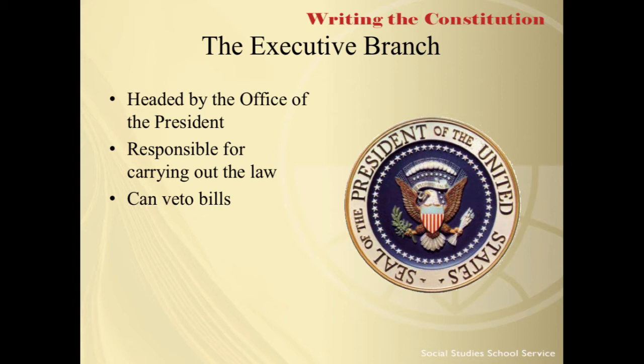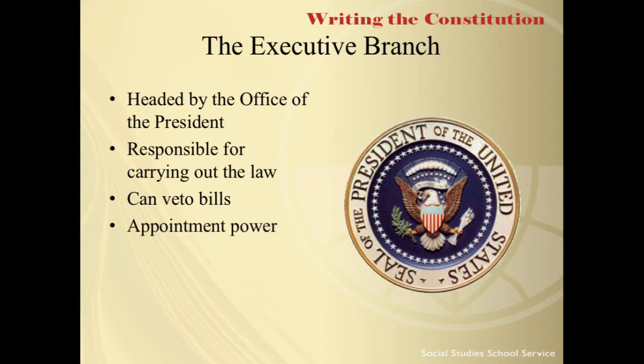Congress can override a presidential veto, and you looked at this yesterday in the activity that you did, but such a measure takes a supermajority, or two-thirds of both houses to pass. And when you're talking about two-thirds of 535 people, you're talking about a lot of people having to agree on a controversial topic or bill. It's not likely to happen, and that's why the framers wrote the Constitution this way.